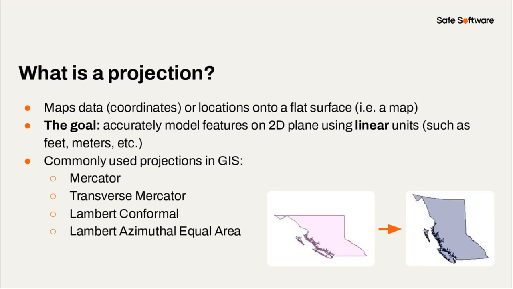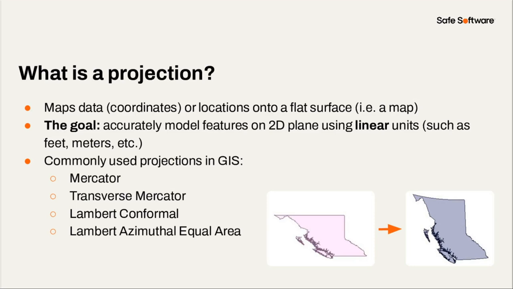So when we try to map coordinates or locations that were obtained, for example, by satellites, those coordinates need to be projected onto a 2D plane. One of the metaphors for this is thinking about wrapping a piece of paper around a globe. You're going to have creases and folds in that piece of paper because it's not fitting perfectly over the globe. So that's something we need to keep in mind when we're reprojecting our data.